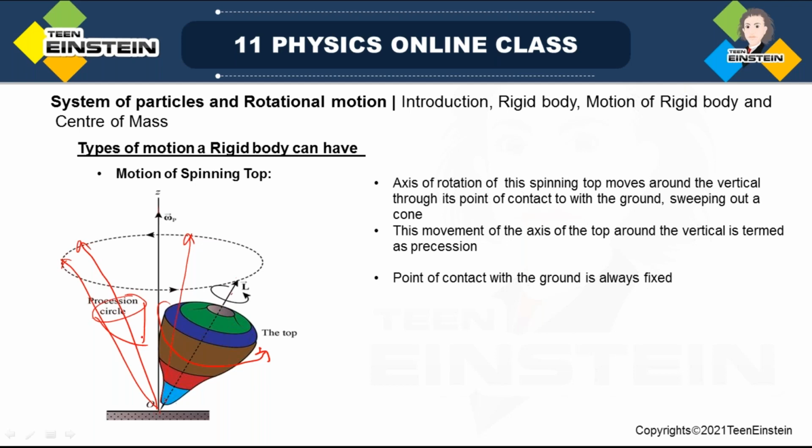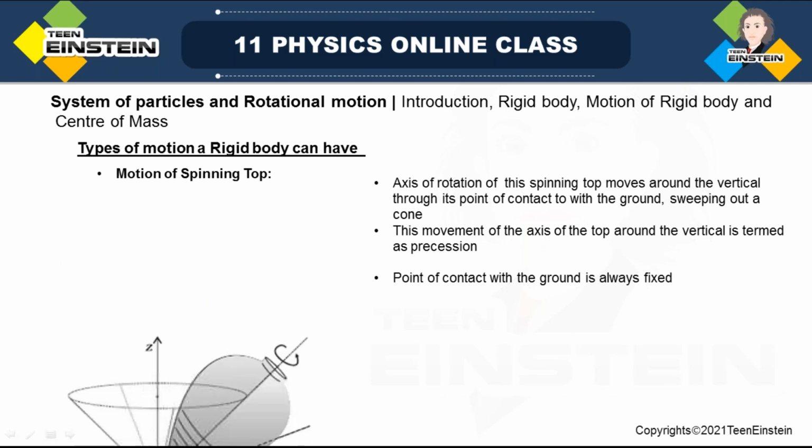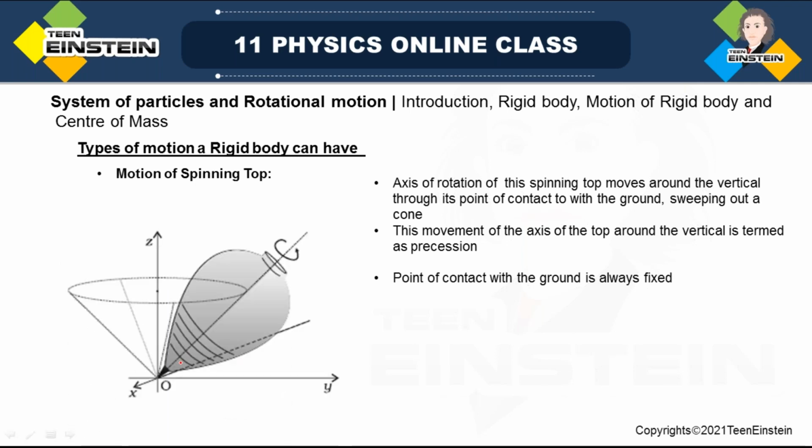So the axis of rotation will be moving around the vertical and sweeping out a cone, making a cone kind of shape. It will move like this and make a cone kind of shape. You'll be able to appreciate it if I show this.